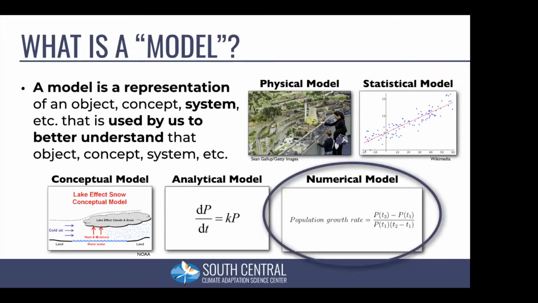A global climate model, however, is a numerical model. Numerical models are comprised of mathematical equations that are translated into computer code. These equations calculate how variables change over time and can predict the future behavior of a system.